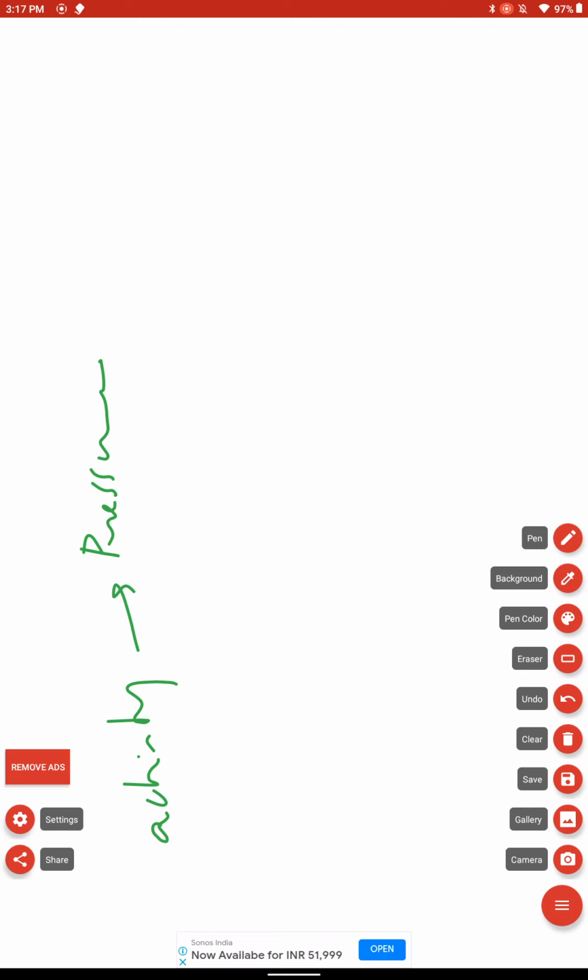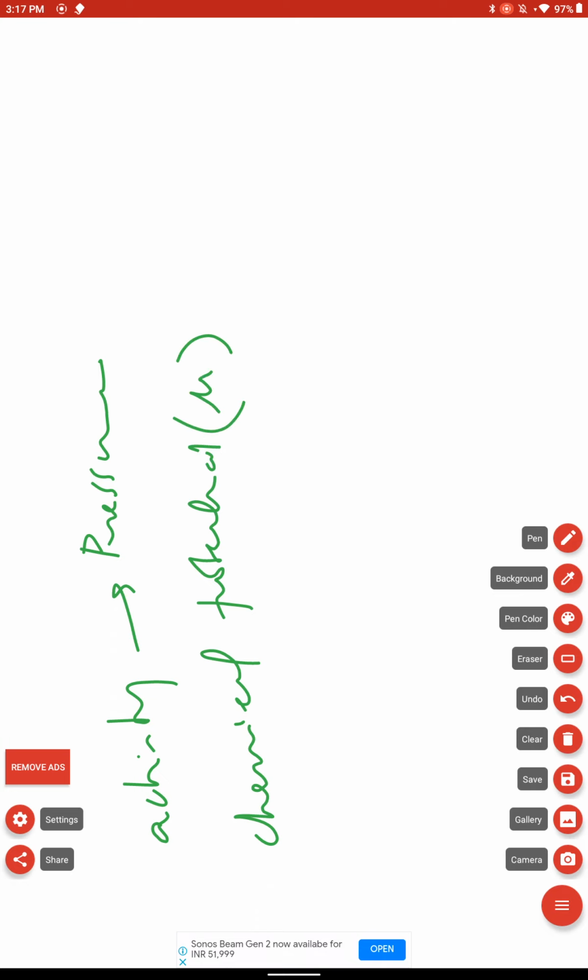Chemical potential, or partial molar free energy, or partial molar Gibbs free energy, we indicate by mu.